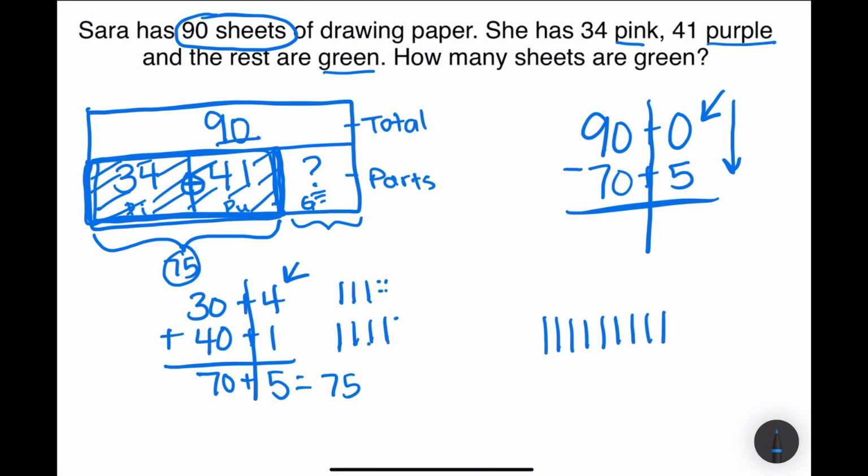Because this is all you have, you can't cross out 5 ones. So you're still going to have to trade in a rod for 10 units if you're doing a pictorial model. I'm going to give you a minute, and I want you to start trying to figure out the answer without me.